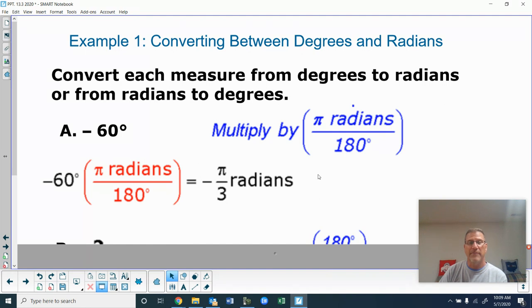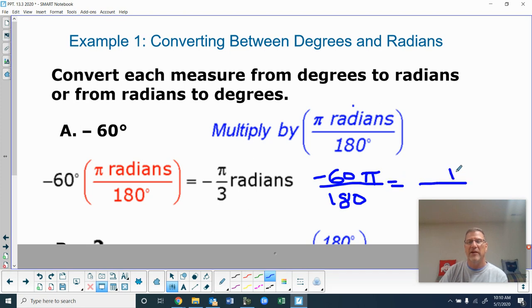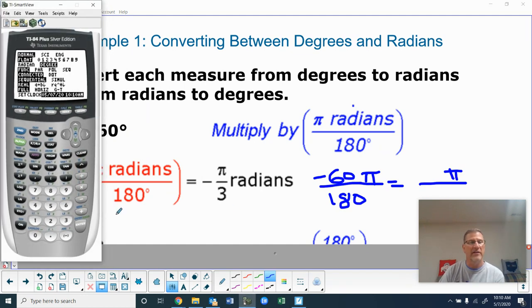I just write negative 60 over 180, and then I make sure I put pi up here. Then when I reduce this fraction, we get the 1 over 3. And I just do that in my calculator.